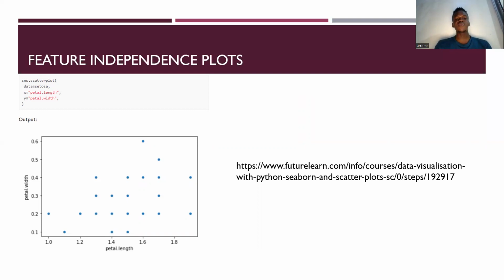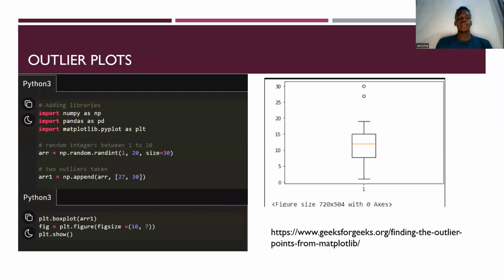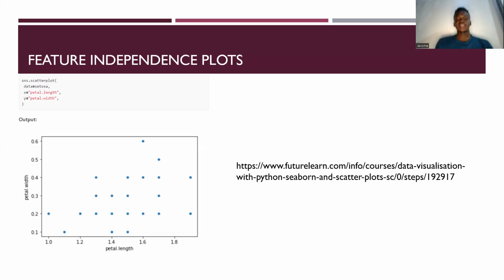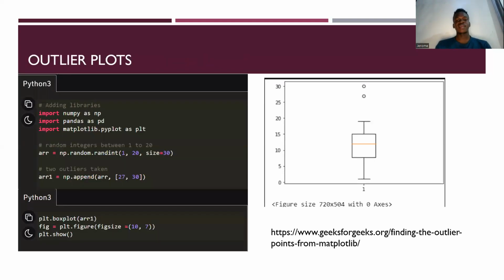My approach was to use a scatter plot to show the independence of different features, for example, petal width and petal length, in that aspect of flowers.